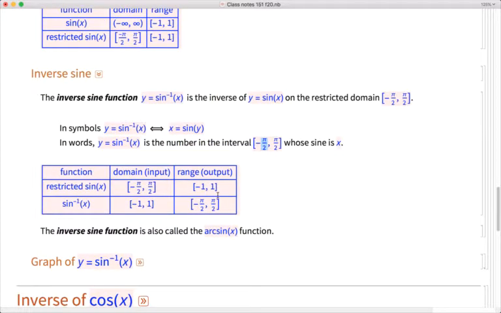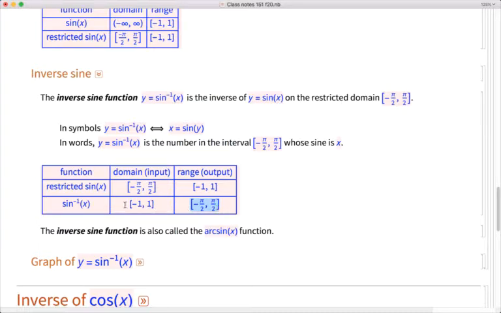Okay, so if you remember, the range and domain for a function and its inverse swap around. So this restricted sine function had a domain, the inputs, minus pi over 2 to pi over 2. And that says that the inverse sine is going to have that interval as its range. Right? So it's very important to keep track of this.